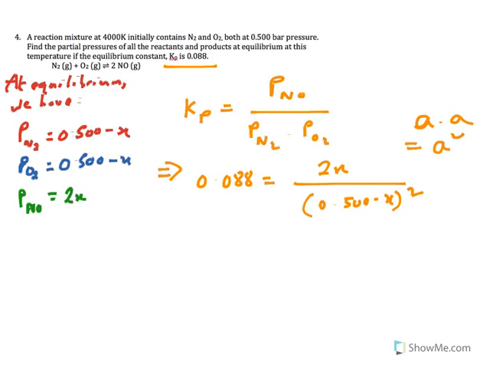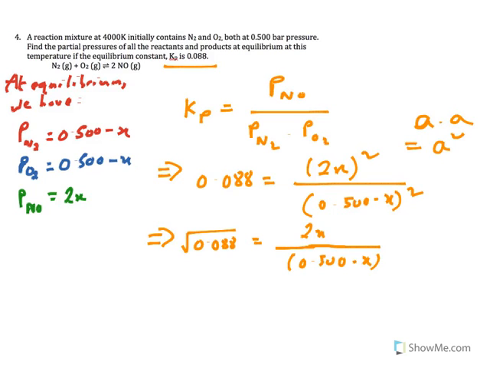Now taking the square root of both sides of the equation, we get the square root of 0.088 is equal to 2x over 0.500 minus x.